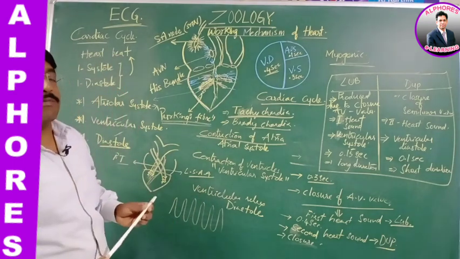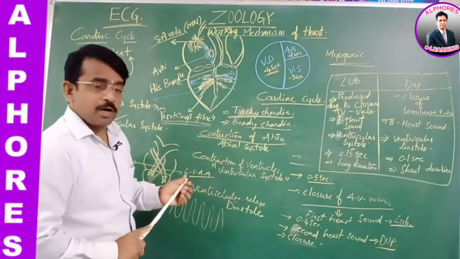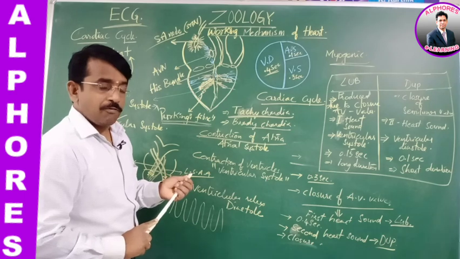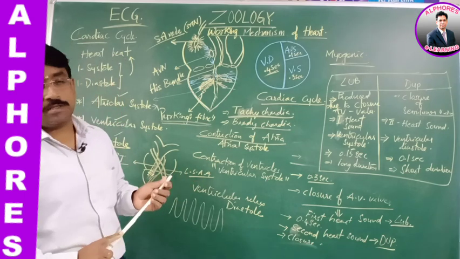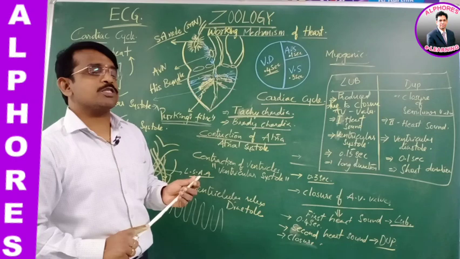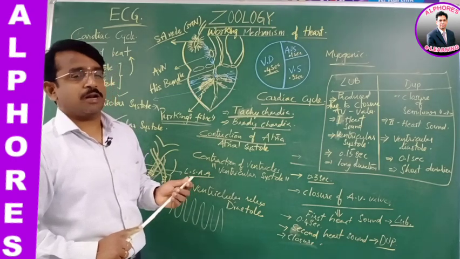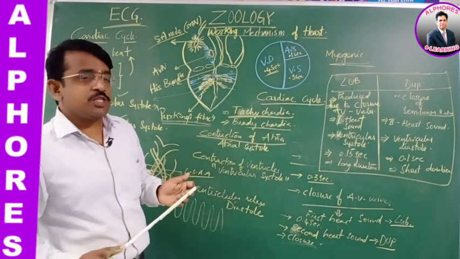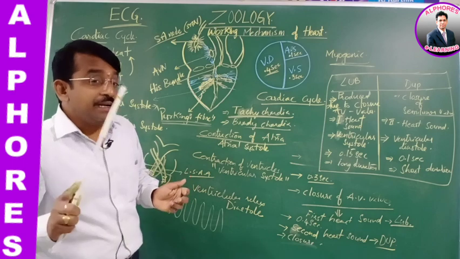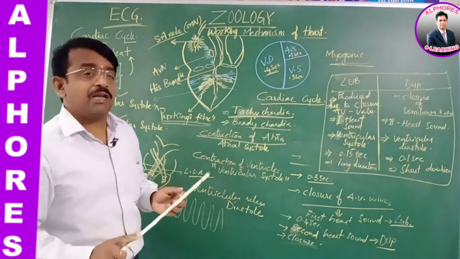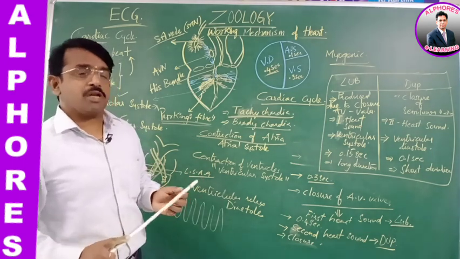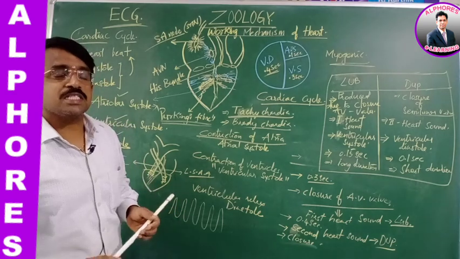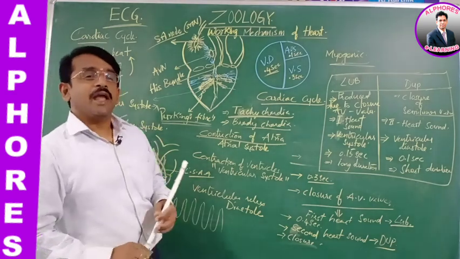The point to remember, when ventricles relax, the aortic arches undergo pressure. With further relaxation of the ventricles, the further decrease in pressure of the ventricle also causes the relaxation of the atria.